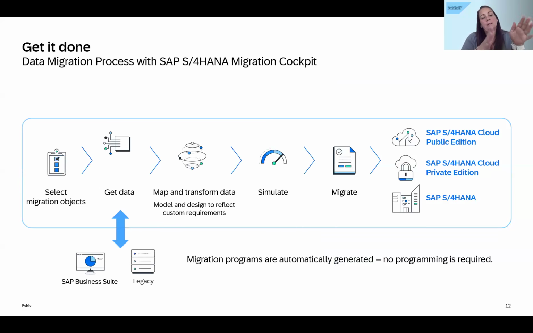Then you bring these business objects to migration objects. You can check, do I have a cost center migration object? Yes, then it's relevant. And this exercise has to be done in the very first step, selecting the migration objects where the data needs to be migrated.